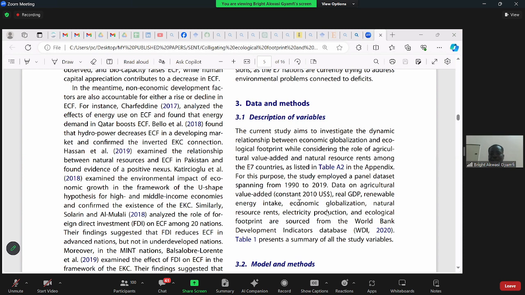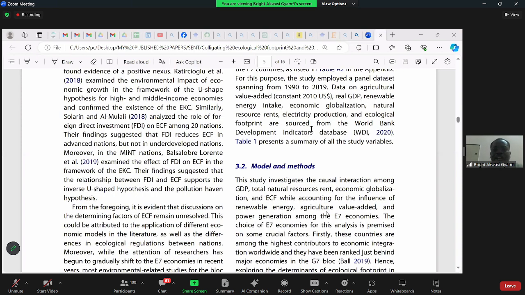Data on aggregate value added, constant 2020 GDP, renewable energy, economic globalization, natural resource rent and ecological footprint are sourced from the World Development Indicators.